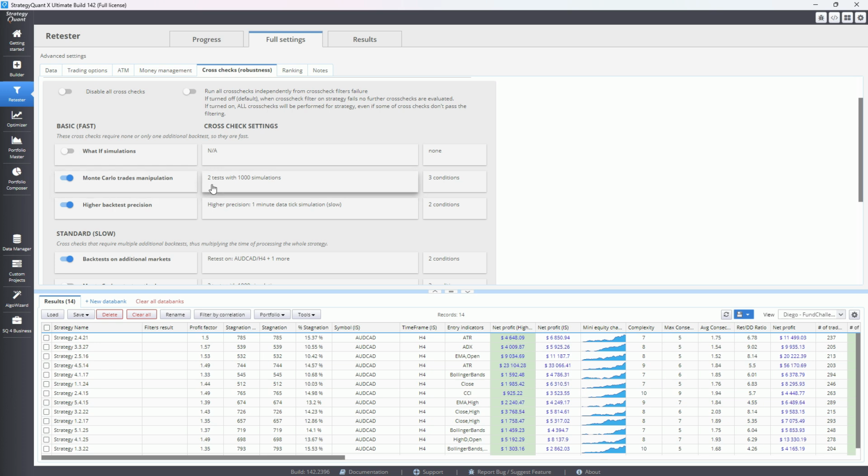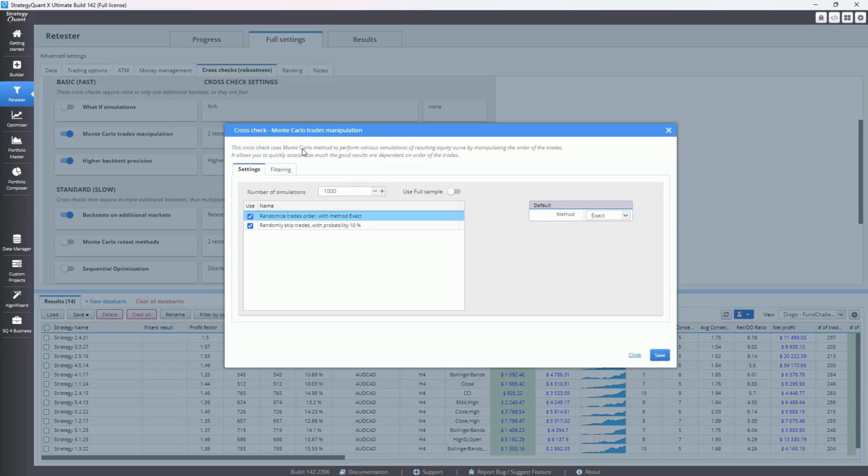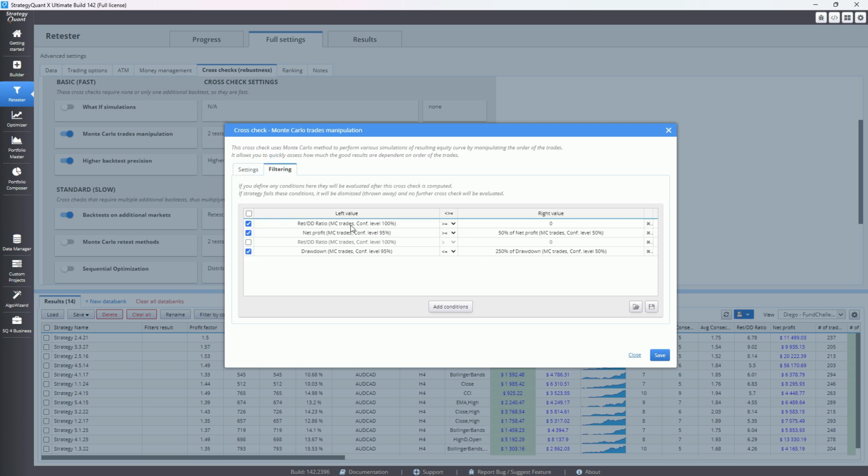So for Monte Carlo trades manipulation, we do 2 tests with 1000 simulations each. Here you can see randomize the trades order, and also I skip 10% of the trades to see if the results shouldn't be so much different. So the return drawdown with a level of confidence of 100% should be greater or equal than 0.